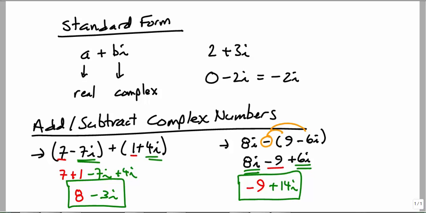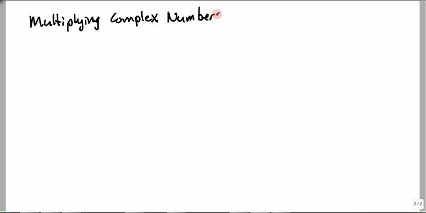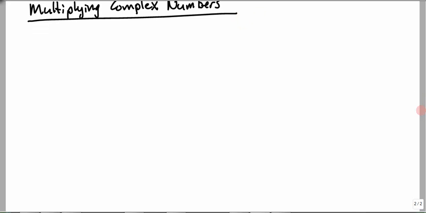Let's go ahead and look at multiplying now, multiplying complex numbers. Now sometimes when you're multiplying complex numbers, you'll have a monomial times a monomial. Sometimes you'll have a monomial times a binomial. But the thing to remember is nothing changes in the process. It only changes at the end when we're combining our i's.